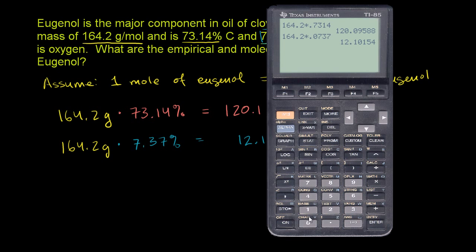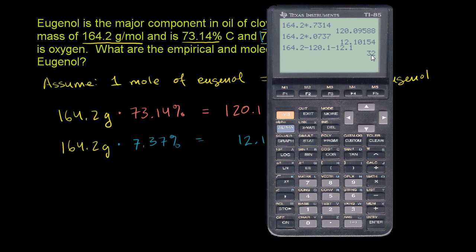So if we have 1 mole of eugenol, it's 164.2 grams. We just figured out that 120.1 of those grams are carbon, and that 12.1 of those grams are hydrogen.